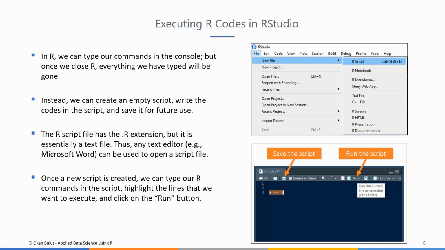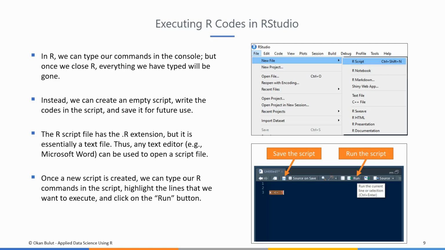So like I said, once you create a new script, we can type all of our commands in it, and whenever our codes are ready, you can highlight the codes that you want to run, and then click on the run button right over here, and this run button will send the highlighted codes to the console, and then you will start seeing the results of your codes, as long as there's no mistake in it.